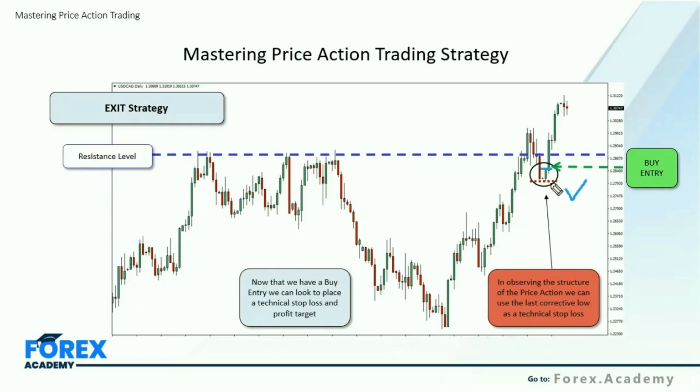So yes, we can use that corrective low, because if the market pushes higher and then breaks back beneath this level, then you do not really want to be in this market beneath this low anyway. It doesn't make for sound decision making to be in this market beneath that level. So you may as well use it as a very consistent place to place your stop loss. So that's how you can use your understanding of price action in terms of an exit strategy.